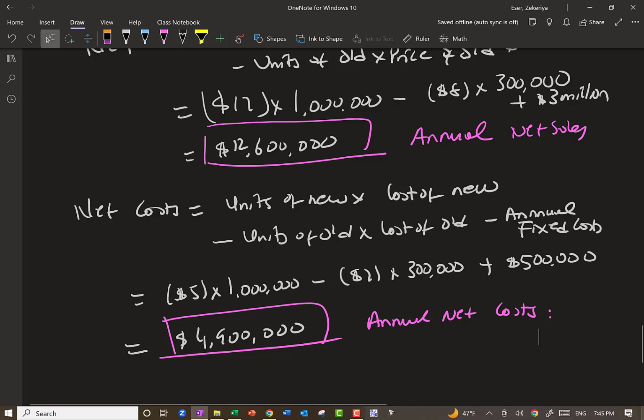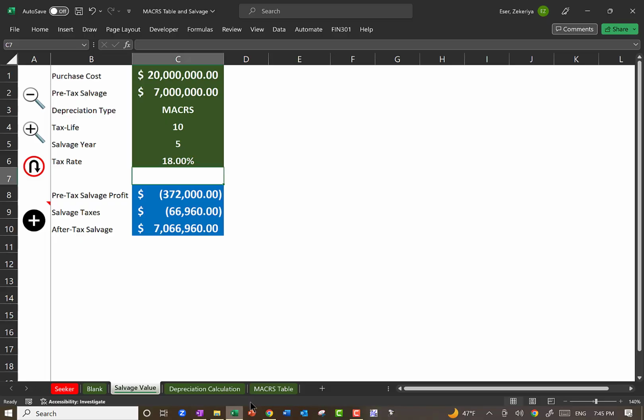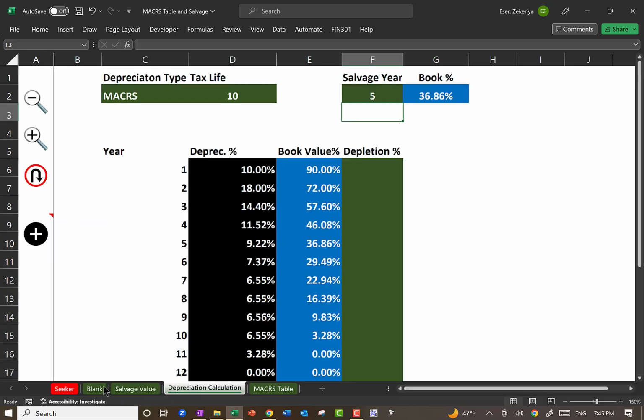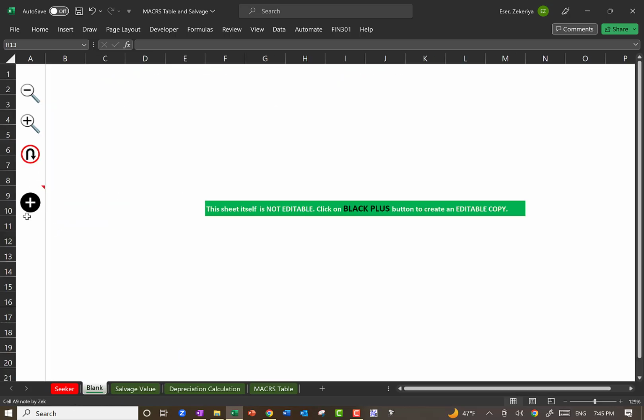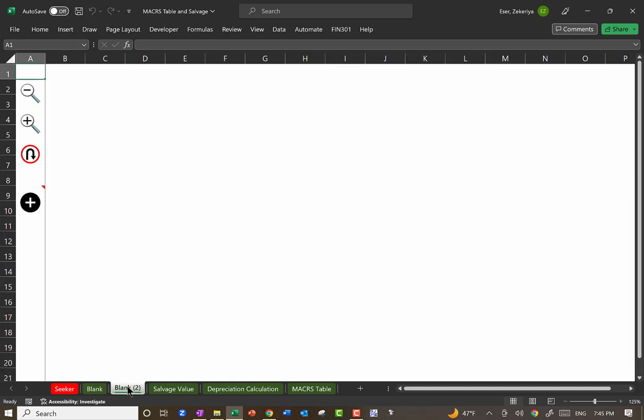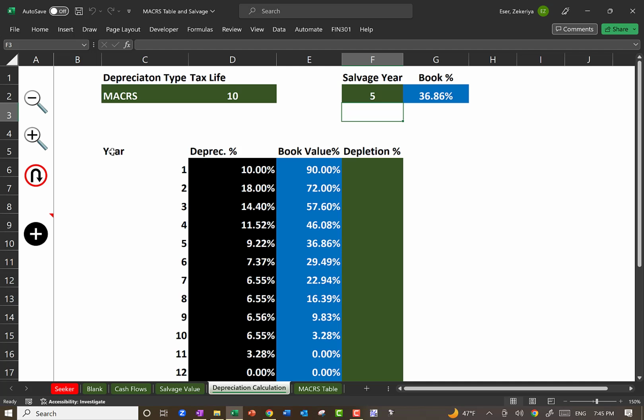Let's actually go to Excel. I'm gonna add a new blank sheet to this. And I'm gonna call it cash flows. Of course, I'm a smart man.